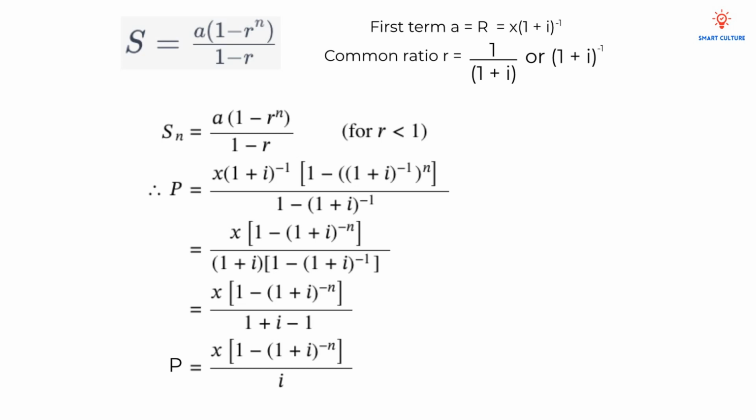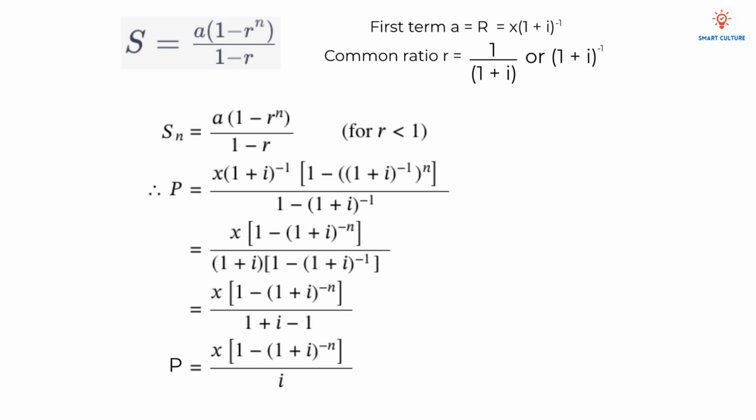So now we have X multiplied by 1 minus (1 plus I) to the negative n, divided by (1 plus I) multiplied by 1 minus (1 plus I) to the negative 1. So what happens now? The denominator can be simplified to 1 plus I minus 1.